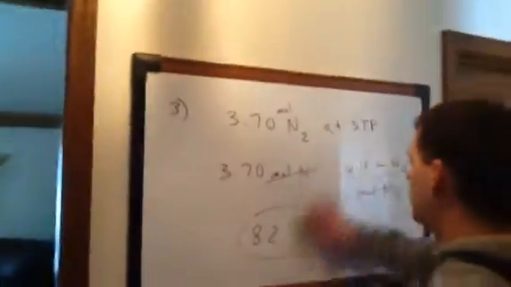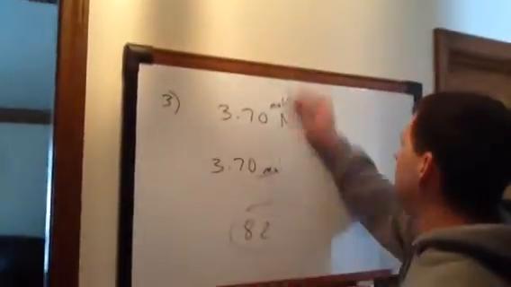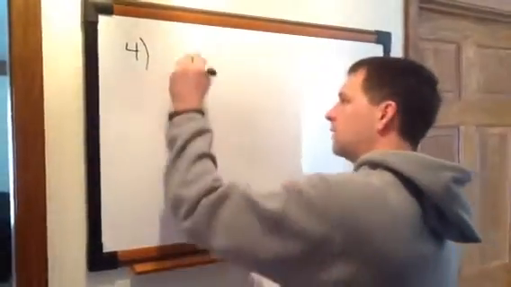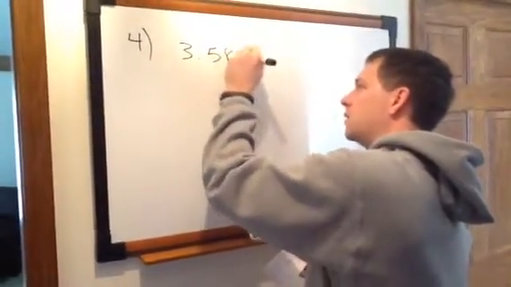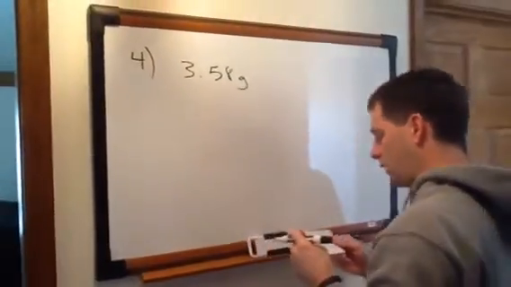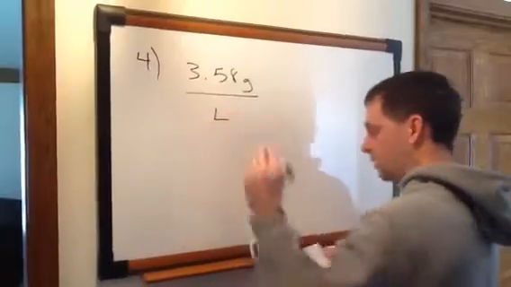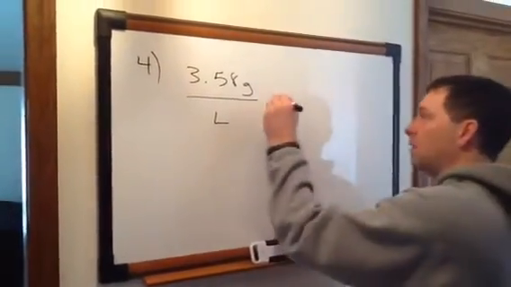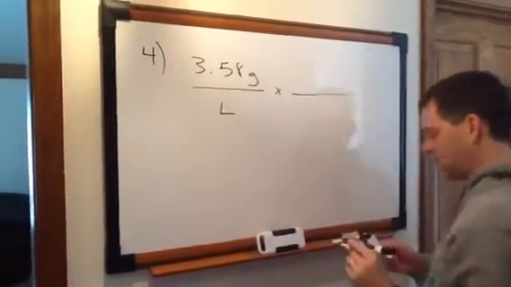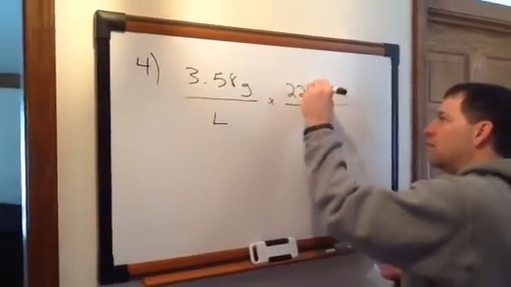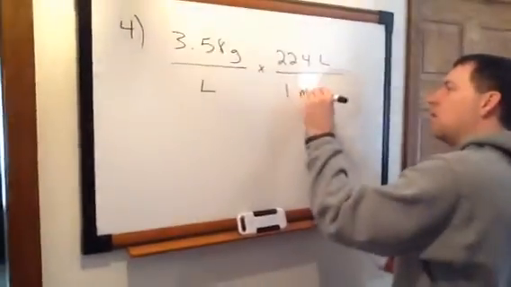Okay. Sample problem number 4. You're given 3.58 grams per liter, and we're going to convert that to grams per mole. Again, if the gas is at STP, we can use 22.4 liters per 1 mole.